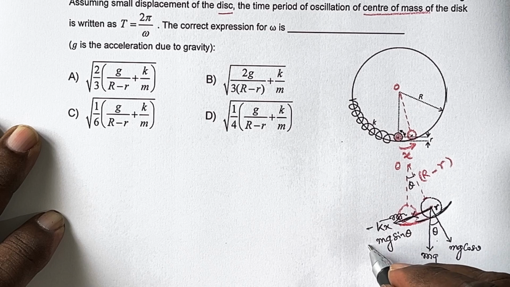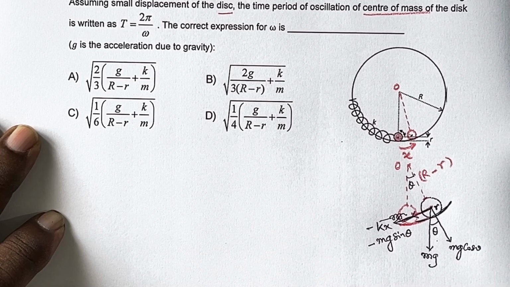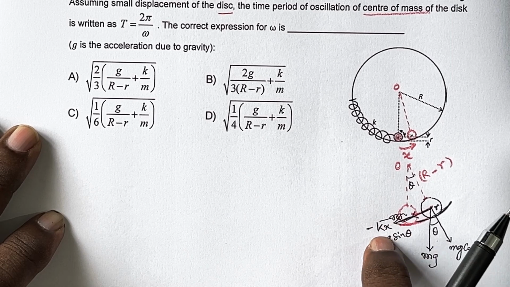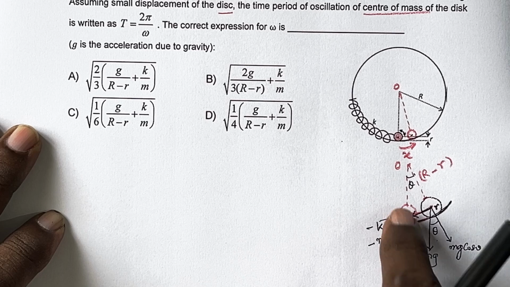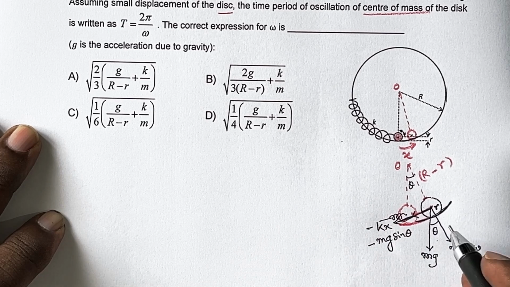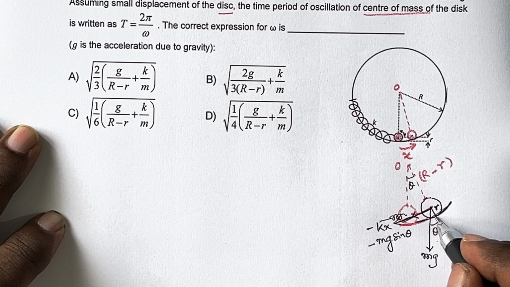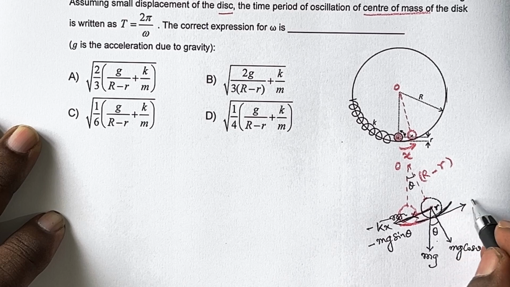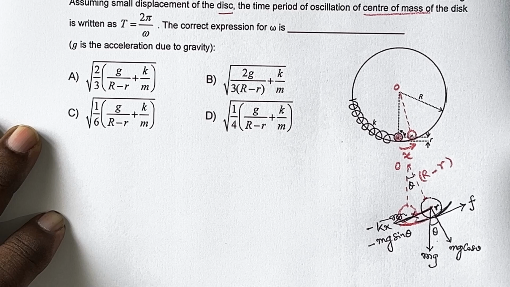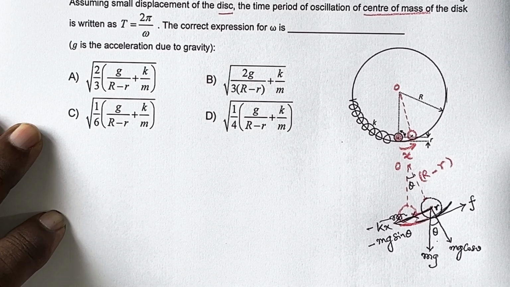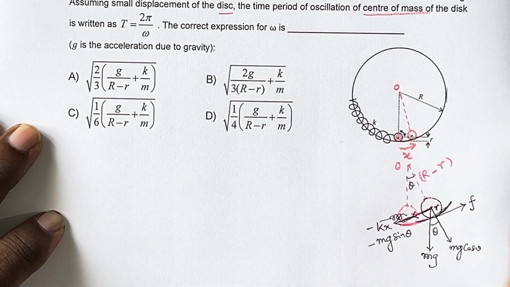This is also a restoring force: due to gravity, the restoring force is mg sin theta, and due to the spring, kx. Both forces are acting. Whenever we displace it, it wants to move down, so in the opposite direction, frictional force is acting. These are the forces acting on the displaced disc.